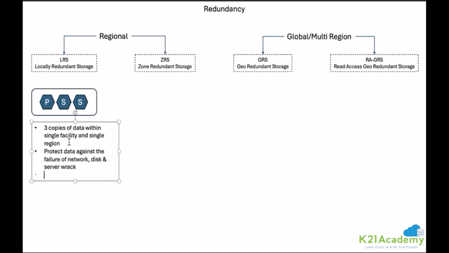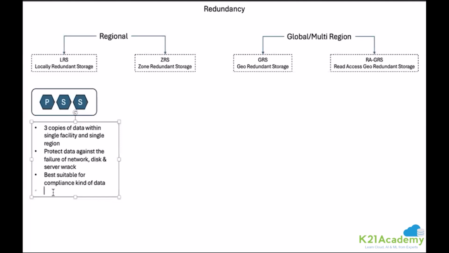It is best suited for compliance, so you may have data compliance requirements, and LRS is best suited. Data gets replicated across the objects, the three replicas they make. Microsoft uses their backbone network to transfer your data between different devices or locations within the same data center. So the data transfer will be faster.